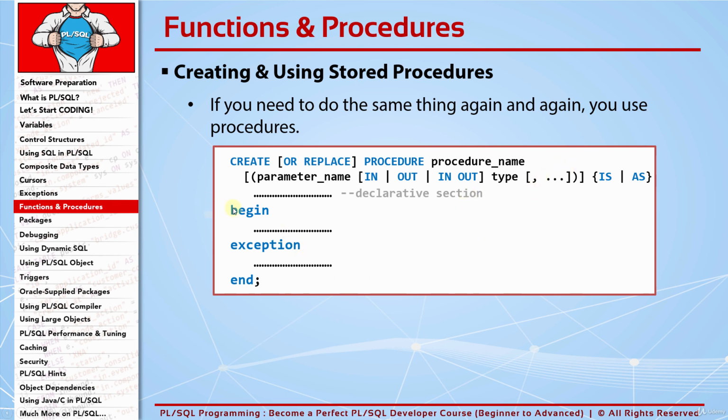After writing these, we can declare our variables, cursors, etc. Then we write our begin end block and exception section if we wish, just like the anonymous blocks. The only difference is writing procedure declaration instead of writing the declare keyword. There is no declare keyword here. Once we create that procedure, we can call it with its name and with the parameters if it has any parameter. Alright, now let's open up the SQL Developer and see how we use that on examples.